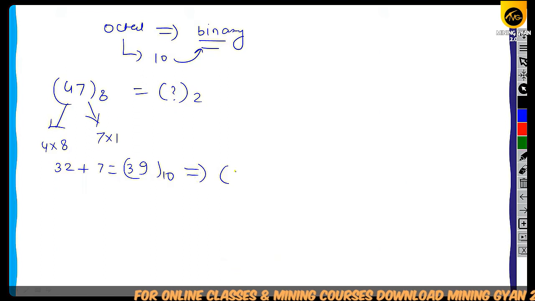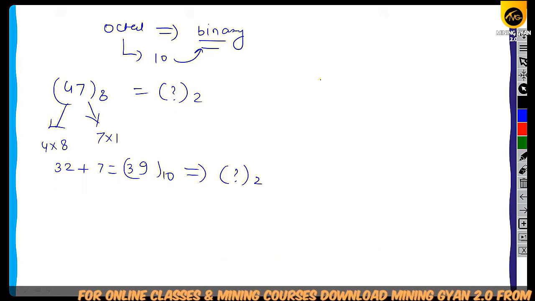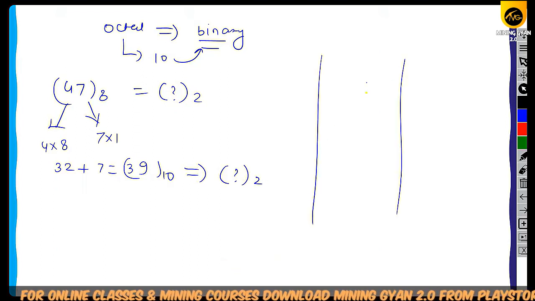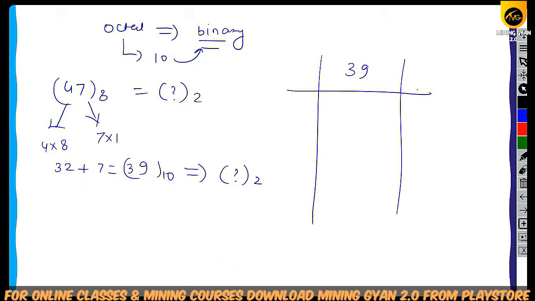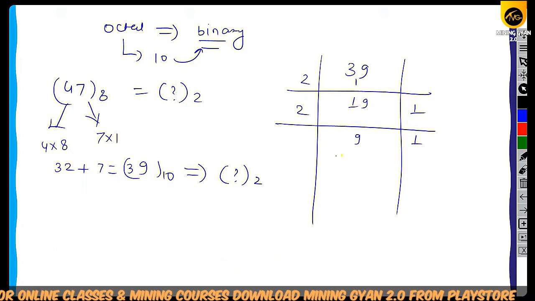Now you can convert this into the binary system. To do that, you have to divide this number 39 by 2. 2 1s are 2, and there is 19. 2 9s are 18, and 1 is the remainder.